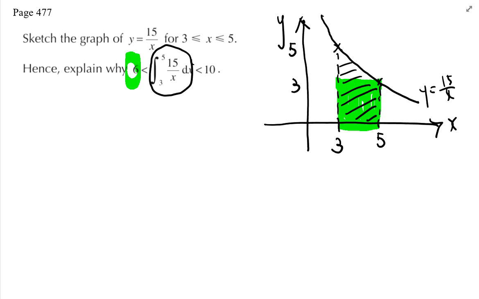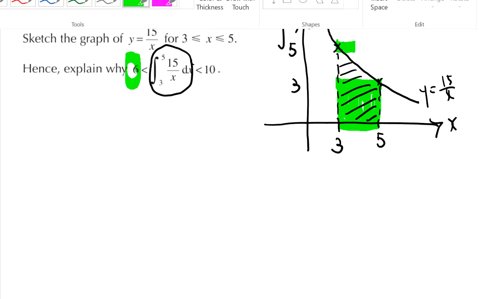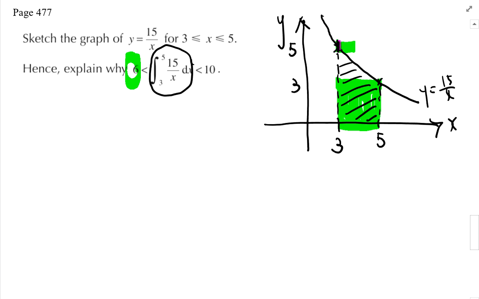All right, do you agree that the shaded area in black is also smaller than the area in pink, which you see right now, the pink rectangle? So how do we find those two areas?